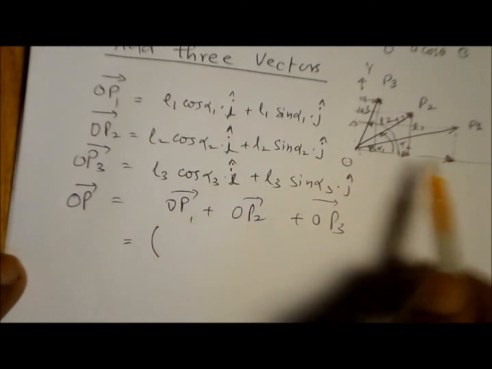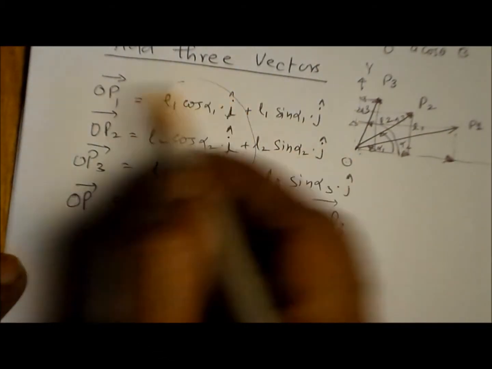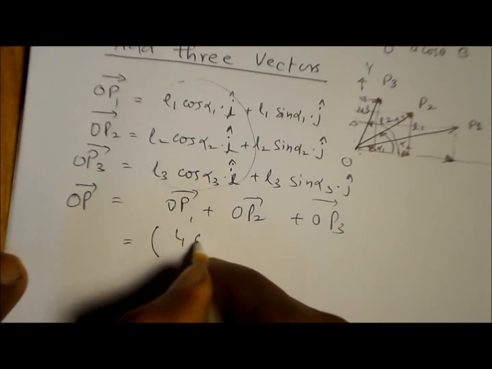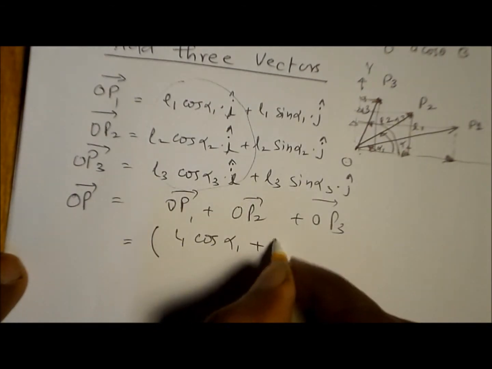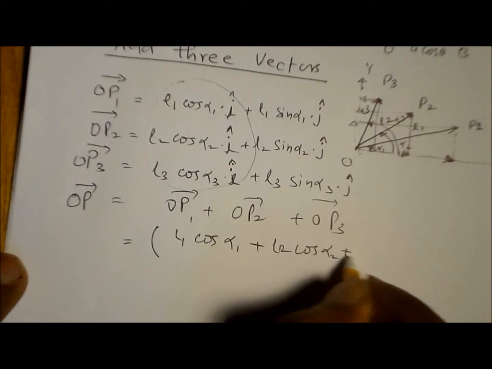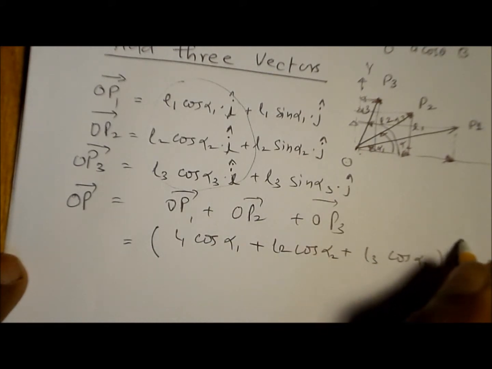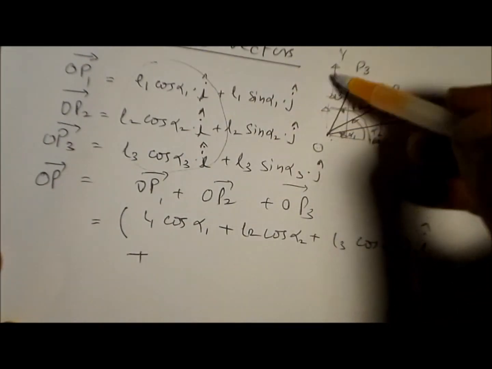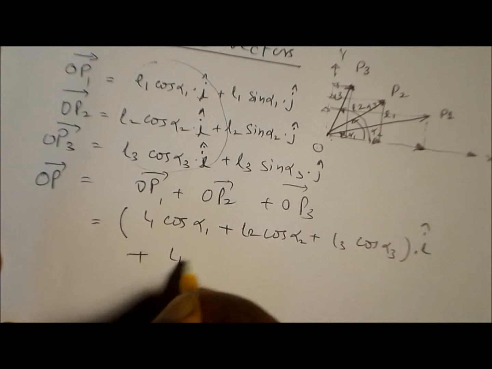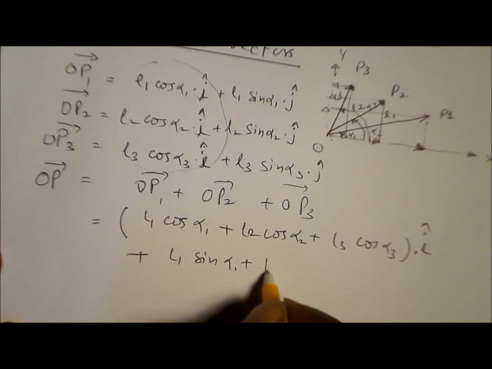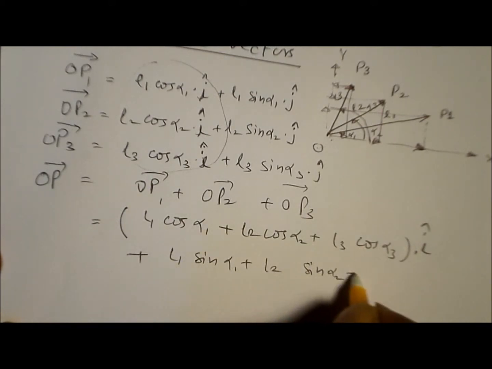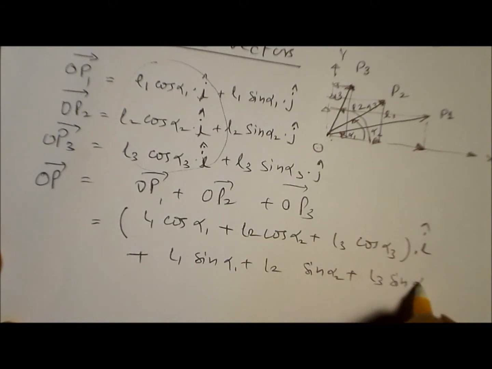And what is the sum of these three vectors? That is L1 cos alpha 1 plus L2 cos alpha 2 plus L3 cos alpha 3 multiplied by i vector, plus the sum of all the vectors along the y-axis direction, which is L1 sin alpha 1 plus L2 sin alpha 2 plus L3 sin alpha 3 multiplied by the j vector.